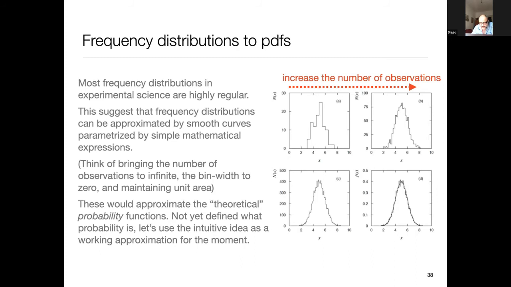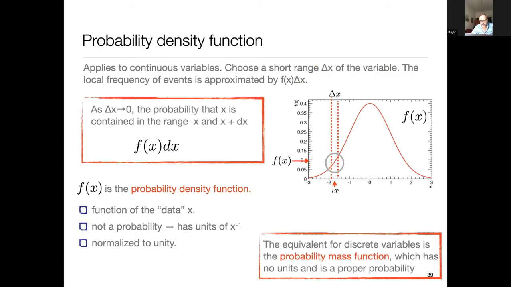And so it makes sense to start thinking about what would be the ideal parent distribution one would have once the number of observations goes to very high values. And here we need to introduce the concept of the probability density function, which you probably are already familiar with. So this is basically the frequency distribution in the limit of infinite observations for continuous variables.